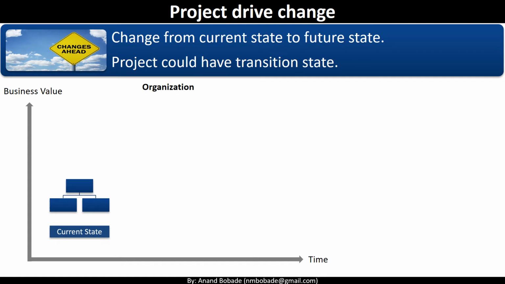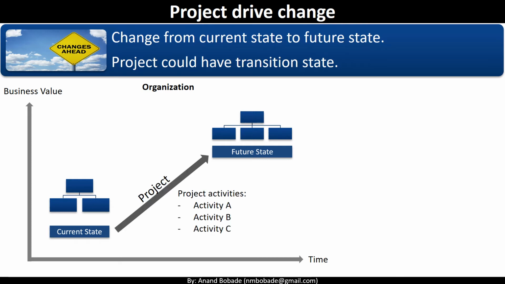And every organization wants to move to a future state. Future state might be optimized processes, better customer service, improved IT system automation, better revenue, etc. To achieve this change, projects are undertaken. And under that project, several activities are executed to drive the required change.